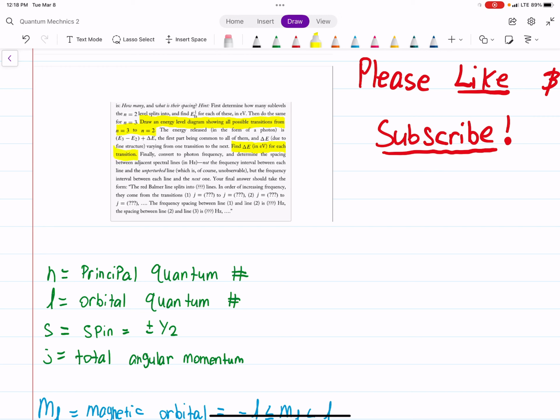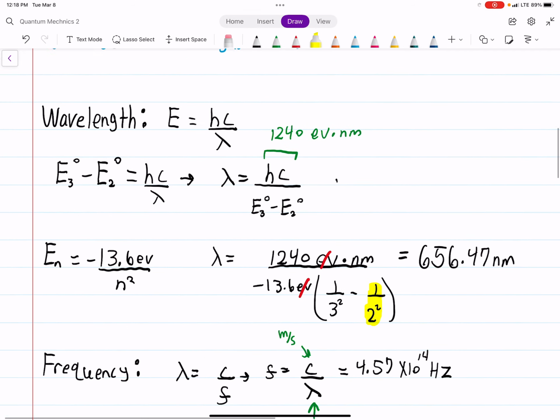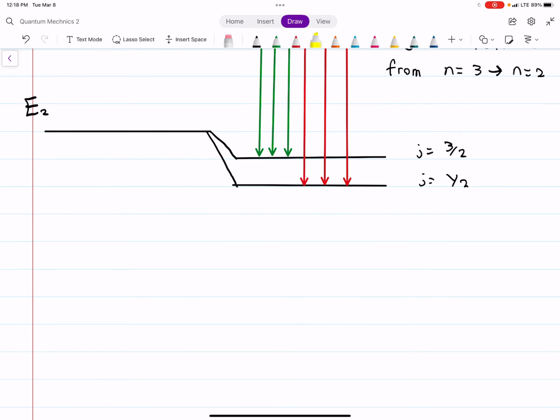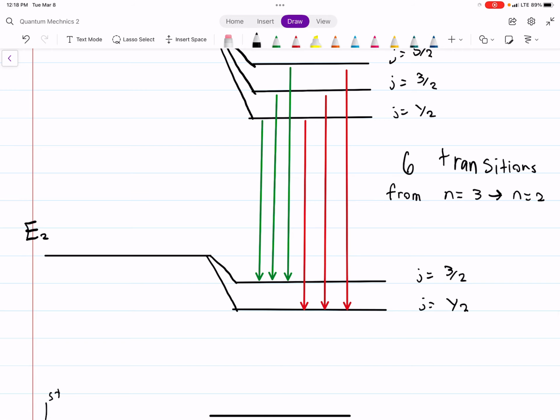So now we found all these different transitions. Let's find the delta E going from each one. So we'll do, say, the first one, which is the J equals 1/2 to J equals 1/2. So this is this first green arrow. That's the first transition.